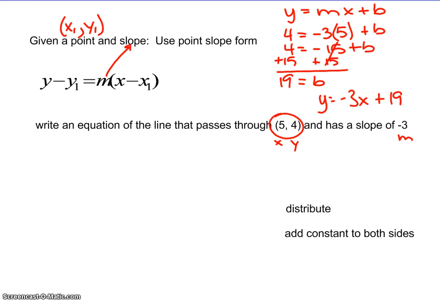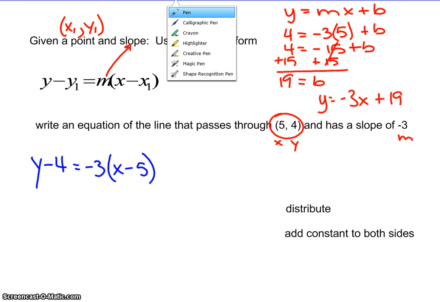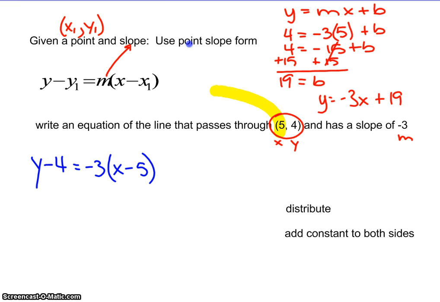If I use my point slope form, y minus y1, I don't even think about it as y1. I think of y minus the y in my ordered pair equals my slope, quantity x minus the x in my ordered pair. Now, a little thing happens here. Notice how my sign changed.